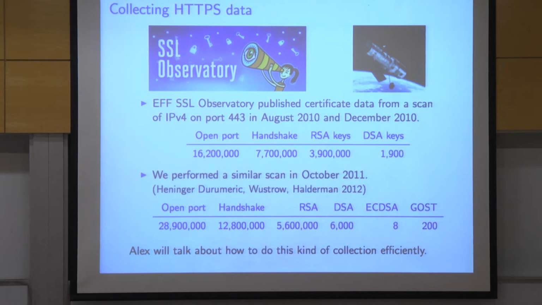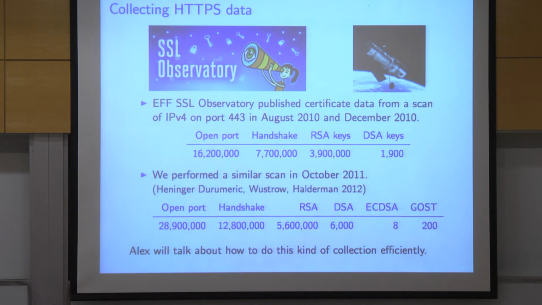They found 16 million hosts with an open port, and successfully retrieved a certificate from 7.7 million of these hosts, and that gave them 3.9 million distinct RSA keys and a much, much smaller number of DSA keys. RSA is the standard public key algorithm used for HTTPS.